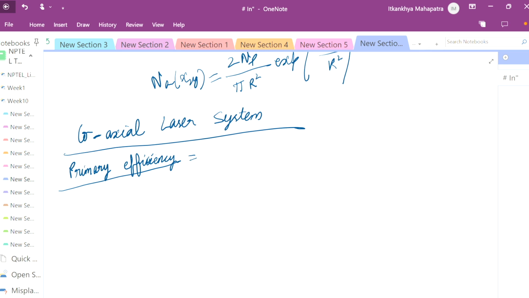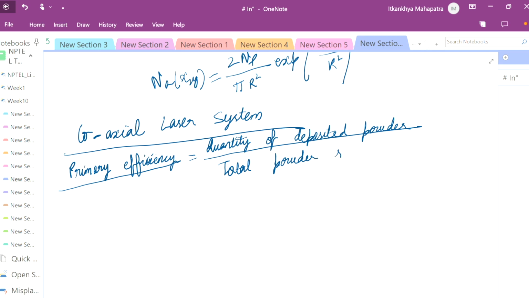Here also the initial formula is the same: depositing by supplying, the amount of quantity of deposited powder by total powder supply. But whatever final result we get is different.